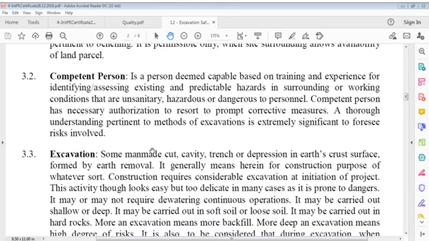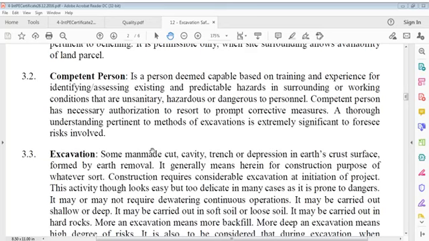Competent person means deemed capable, based on training and experience, of identifying and assessing existing and predictable hazards in surroundings or working conditions that are unsanitary, hazardous or dangerous to personnel.